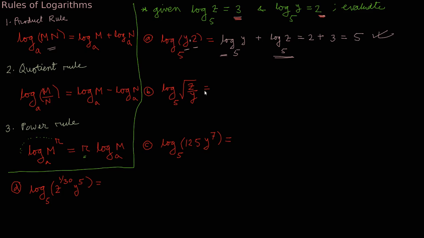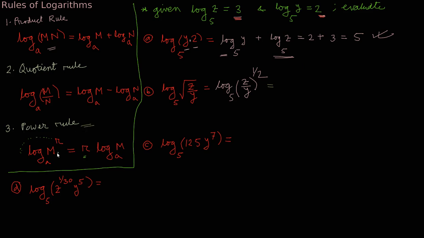So let's look at b. First of all, let me rewrite this expression. Logarithm base 5, I have nothing to do with that. Now square root of z over y, can I write it down as z over y power 1/2? All right, so this is equivalent. Now I want to remind you of our power rule.